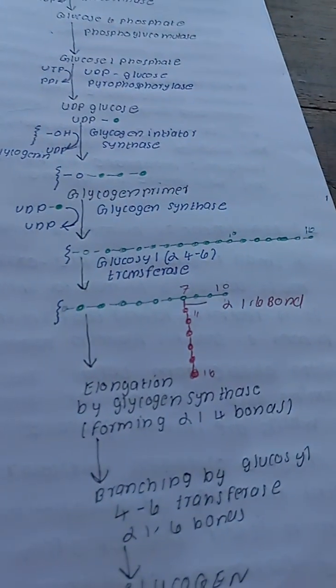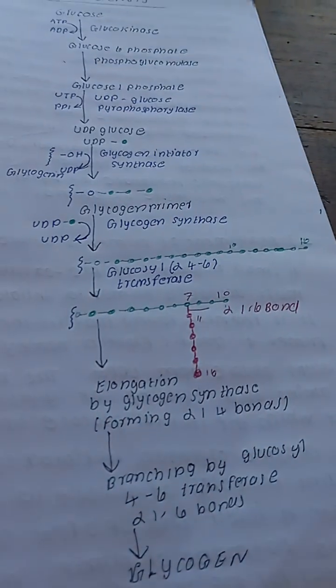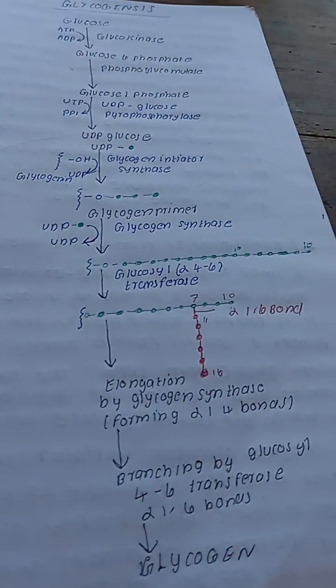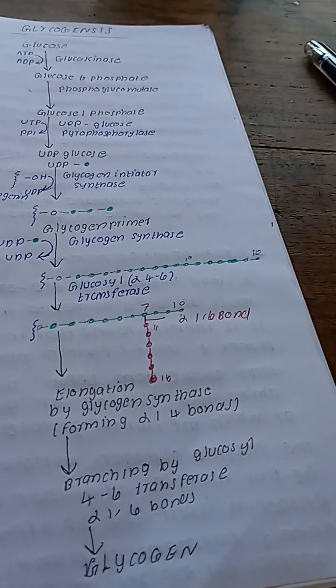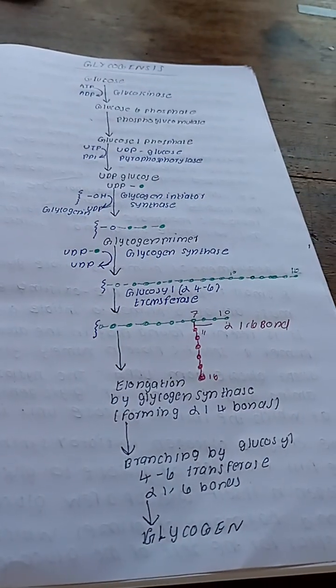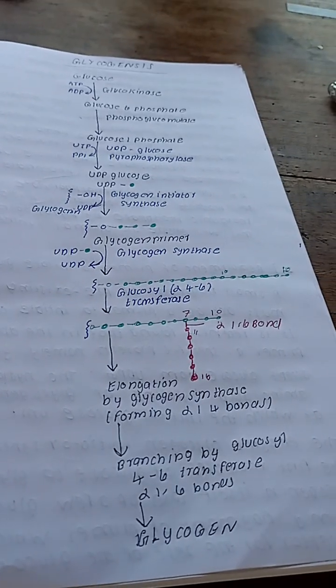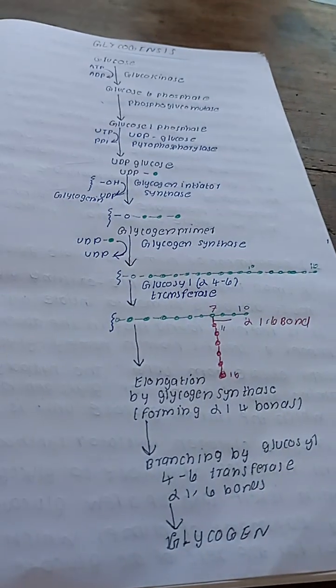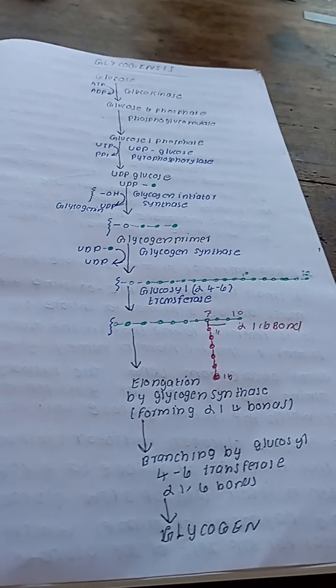This enzyme is responsible for branching, forming the alpha 1,6 bond. Then there is elongation again as a straight chain with glycogen synthase, then branching again with the 4,6 transferase forming the 1,6 bond. It is a continuous process of elongation and branching that finally forms glycogen.